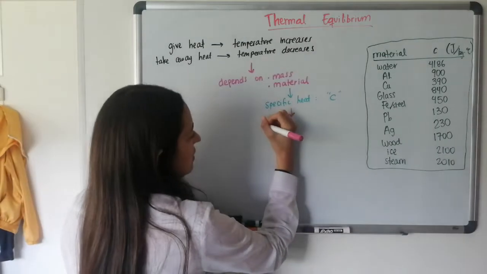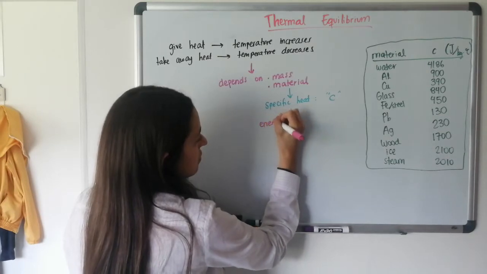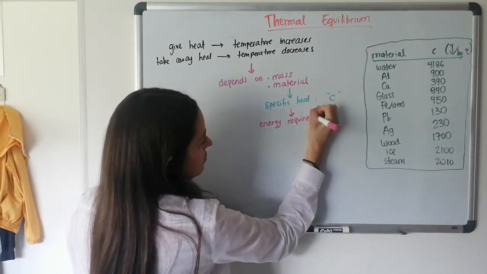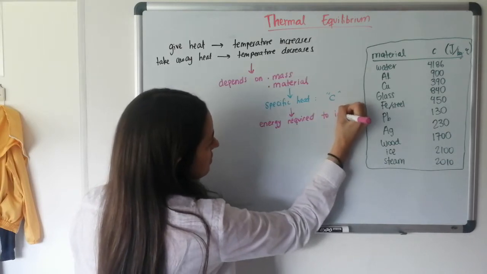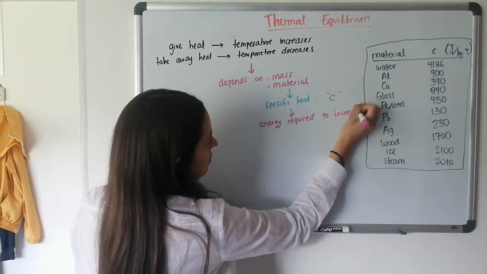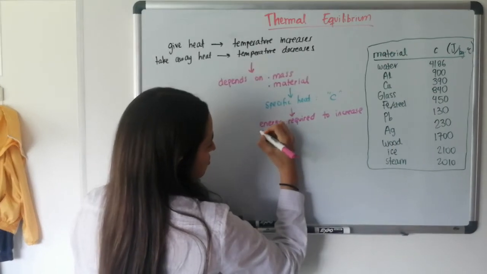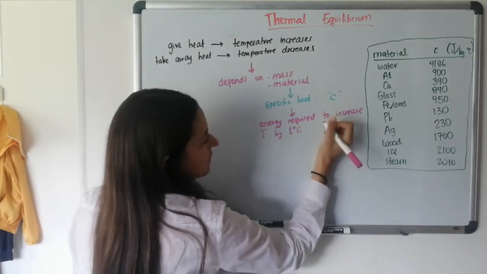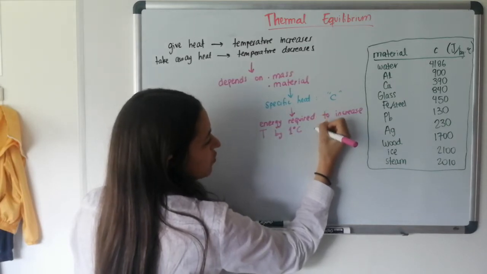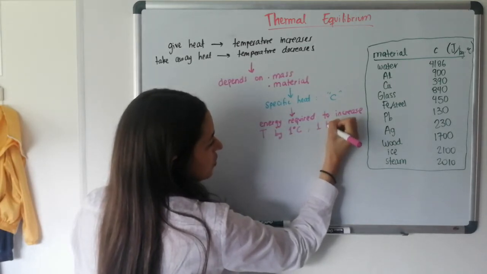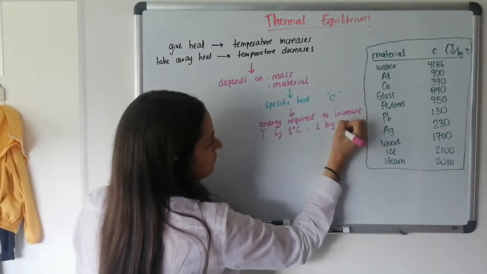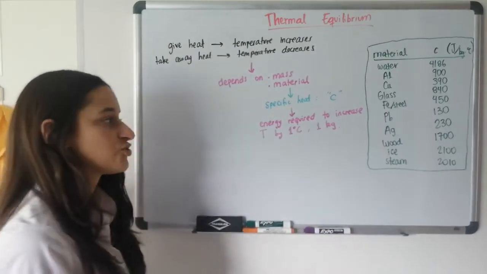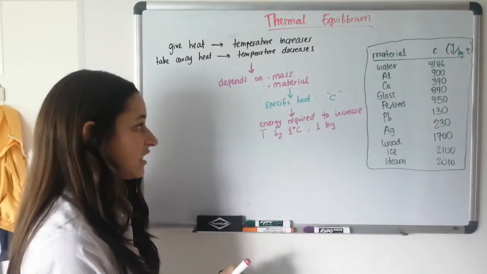So specific heat is the energy required to increase temperature T by 1 degree Celsius if you have 1 kilogram of the substance. 1 kilogram. So that is why the unit, if you look right there, is in joules. Let me write that here.